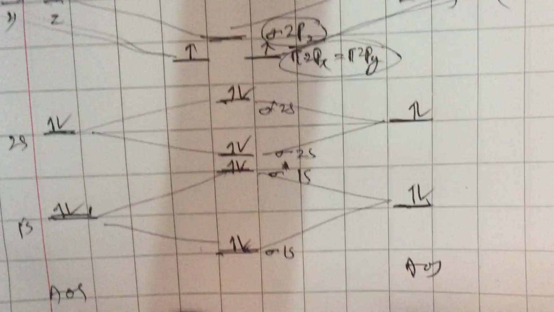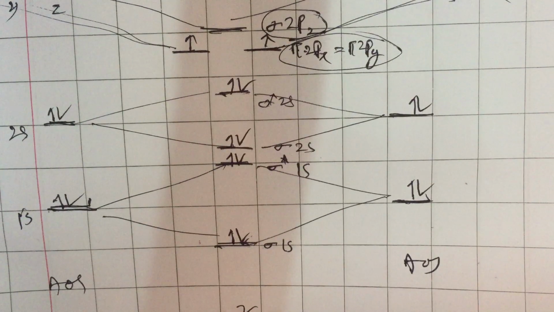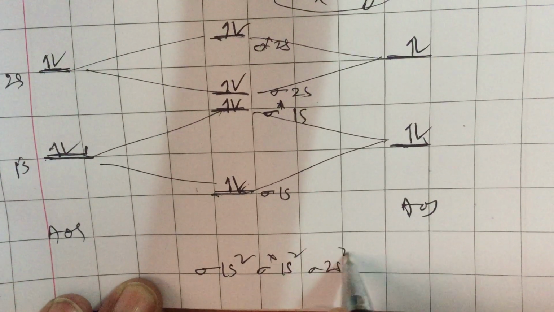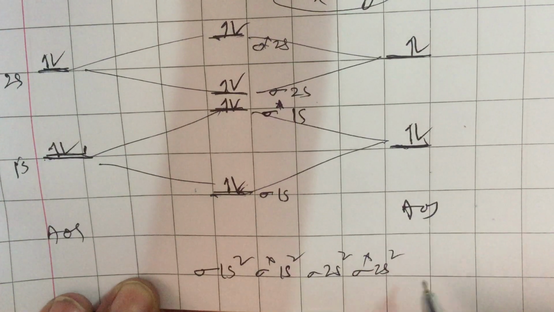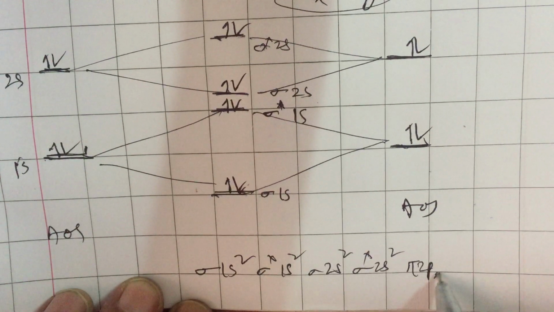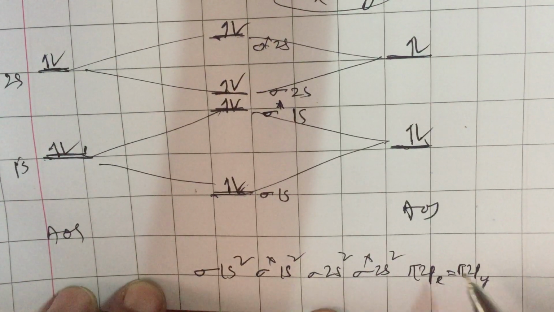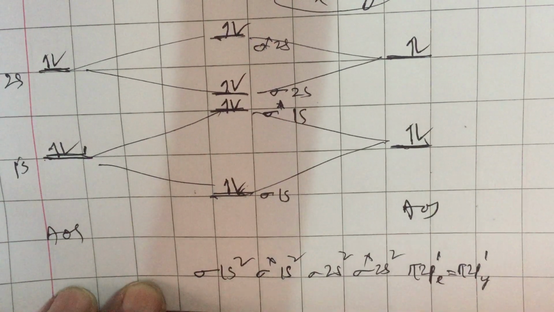Its electron configuration is obviously sigma 1s2, sigma star 1s2, sigma 2s2, sigma star 2s2, pi 2px equal to pi 2py, each one having 1 electron.